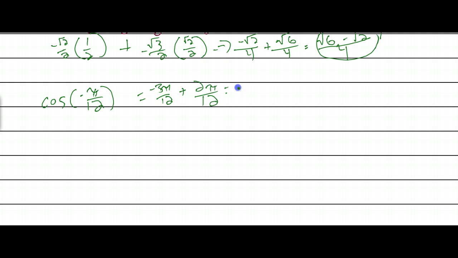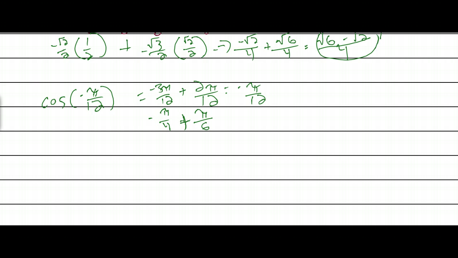That gives you negative pi over 12, right? Good. So now let's simplify this. Negative 3 pi over 12 gives you negative pi over 4. And this gives you pi over 6. Alright? Yeah, so that works out. So we have those two values as well.